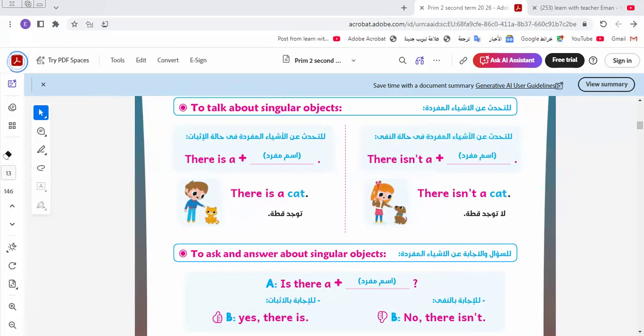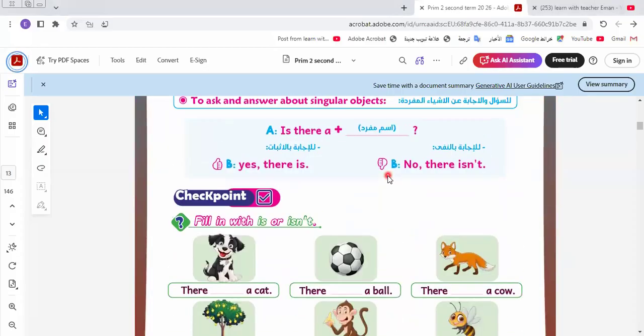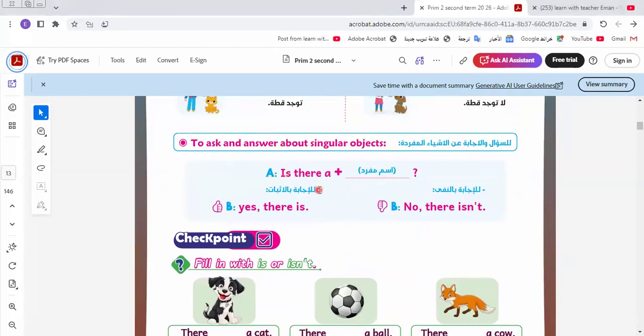Here we have the yes/no question. In a yes/no question, we make an inversion: we replace the verb in place of the subject, like this. Is there a, and we put a singular noun here. Is there a bench?